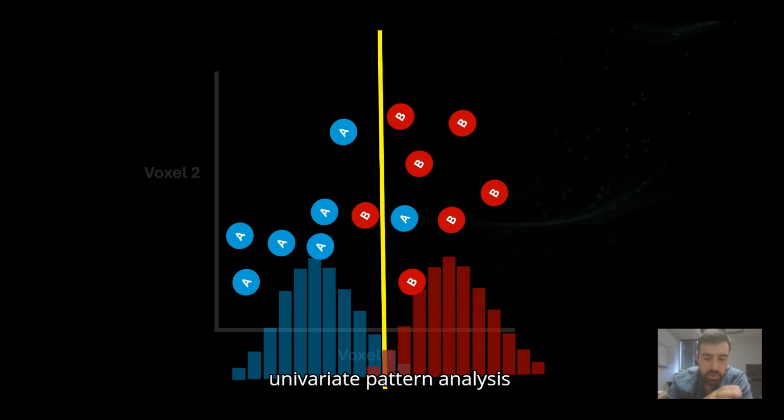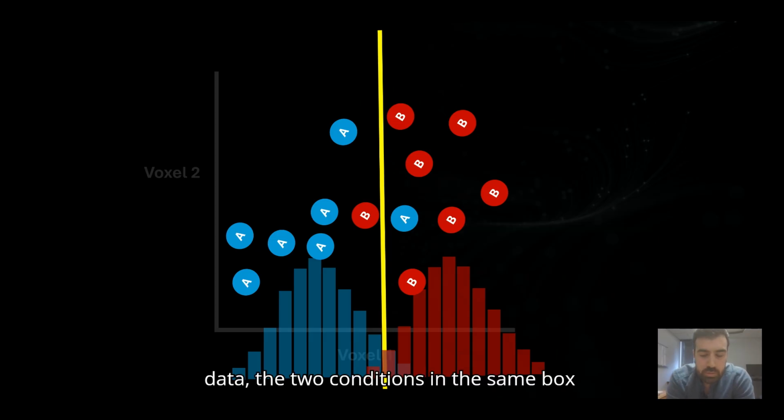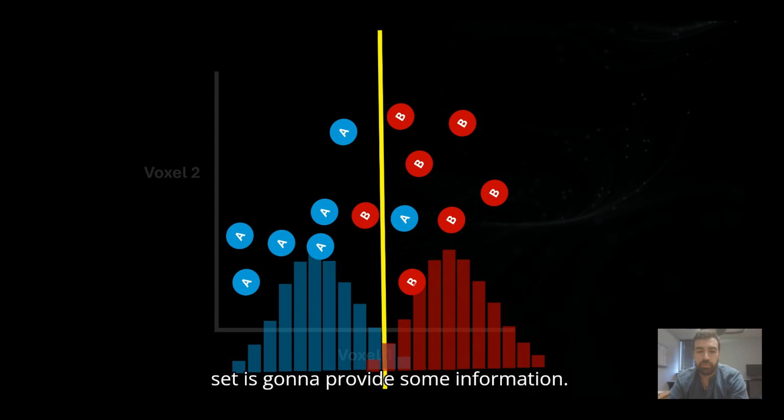But instead of a univariate analysis, where you can just identify the distribution of the two conditions in the same voxel, here we have two voxels and each voxel provides some information.